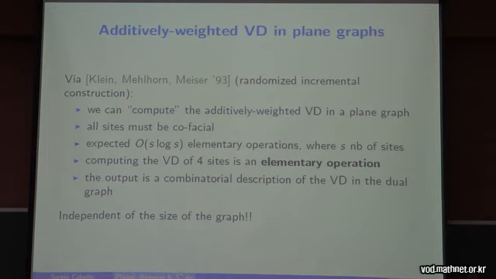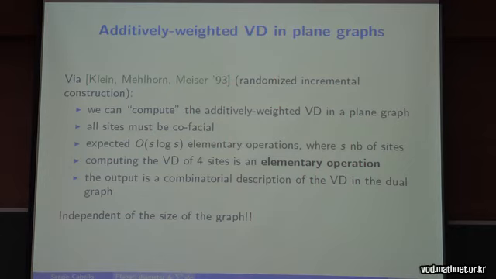In particular, I can use it in this setting. So the consequence is that in our setting we can compute the additively weighted Voronoi diagram of a plane graph. As I was saying before, I need that all sites are cofacial, otherwise some of the axioms they need here do not hold.